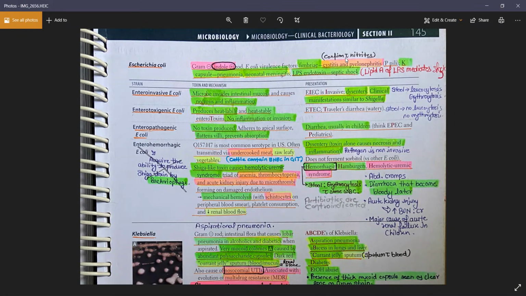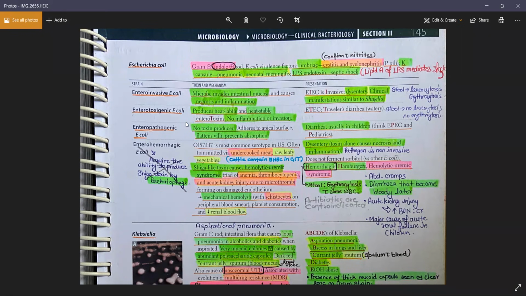So whenever the question stem gives you something about the UTI, and they will give you that these bacteria are nitrite positive, you will immediately know that they're talking about the gram negative bacteria, which could be your Klebsiella, which could be your E. coli, which could be your Proteus. Okay, and if they told you that these bacteria are nitrite negative, you will immediately know this might be a case of either the Enterococci or might be a case of your Staphylococcus saprophyticus.